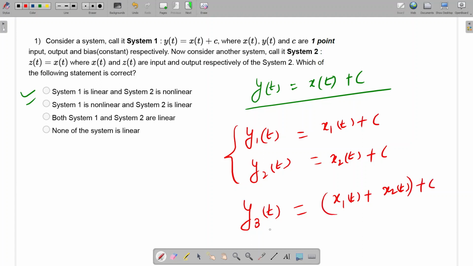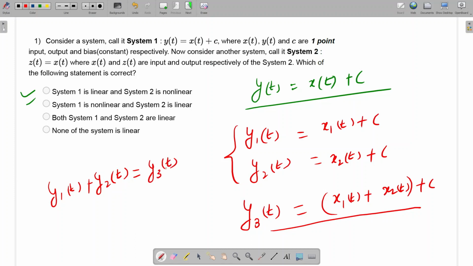Okay. So if y1(t) + y2(t) is equal to y3(t), then our system will be linear. Otherwise, it will be non-linear.